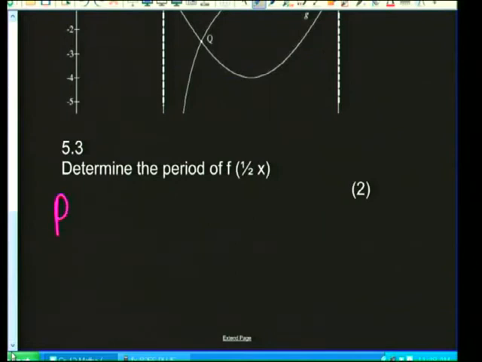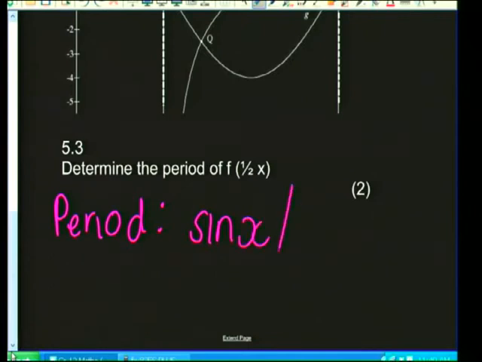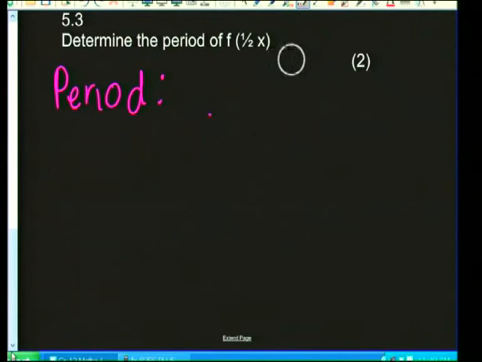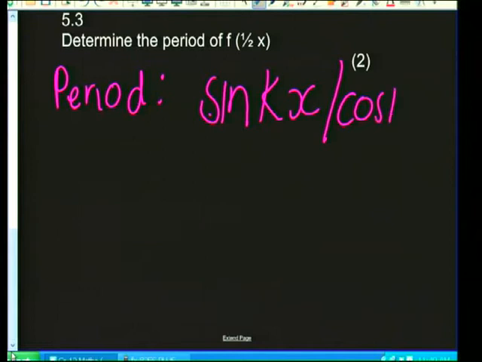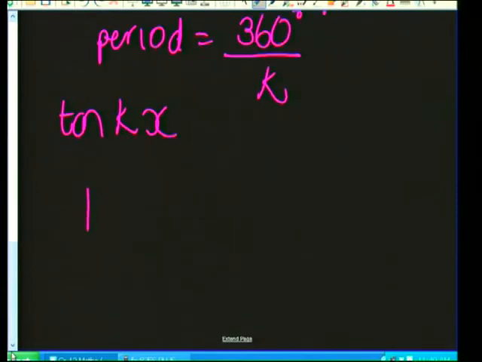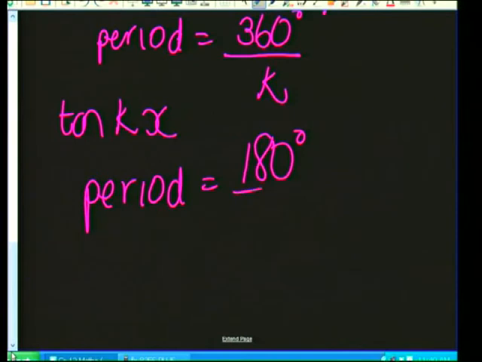For your period, for sin kx and cos kx, the period is equal to 360 degrees divided by k, and for tan kx, the period is 180 degrees over k.